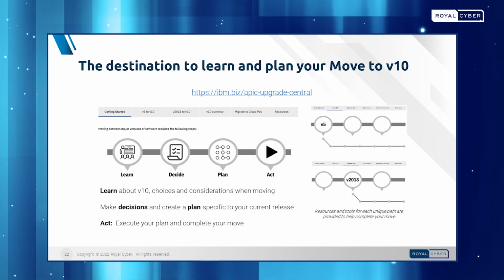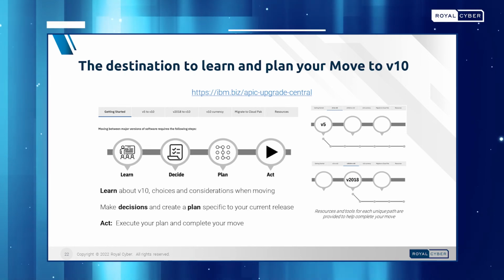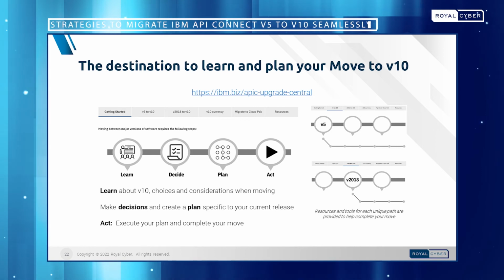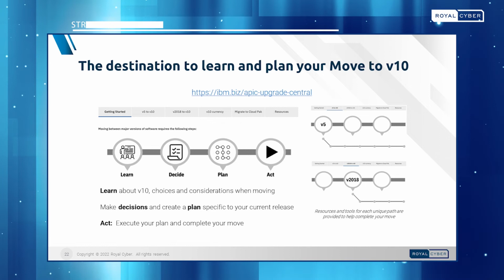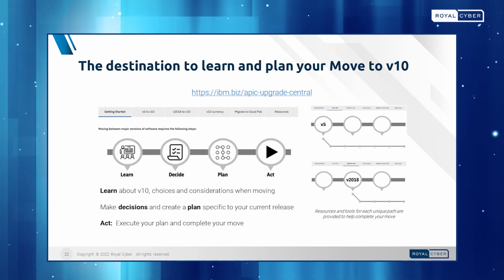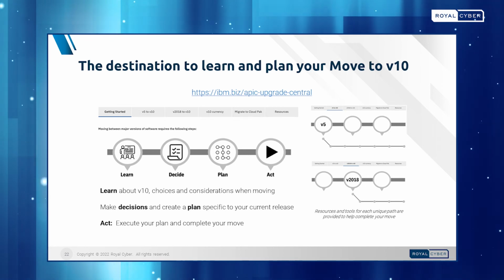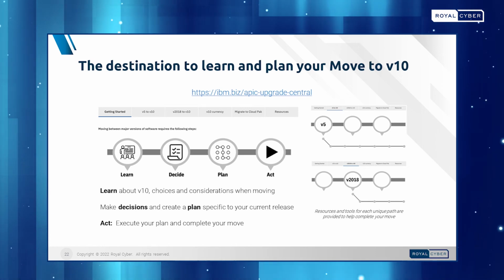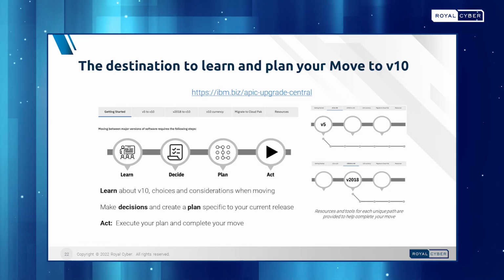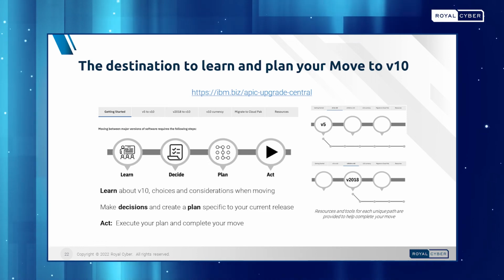In a typical migration, there are 4 phases that you'll have to go through. The first one is to familiarize yourself with what you need to do, whatever requirements you need to put in place. Then you decide on what form factor of V5 you want to go with.